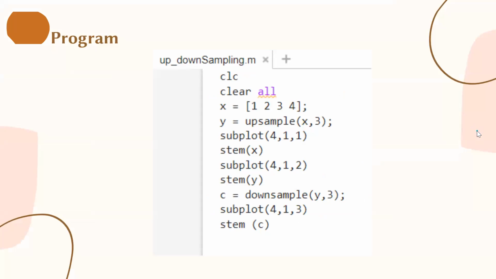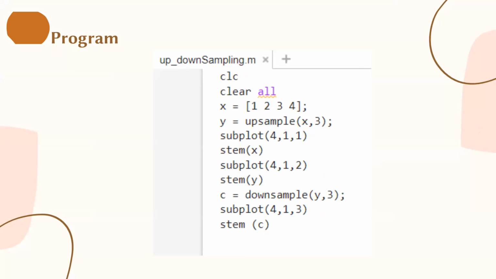Here is the simple program for upsampling and downsampling. Basically, this is performed using the functions known as upsample and downsample. Let's say we have taken X as an input signal like 1, 2, 3, 4. So here Y is equal to upsample X, 3, where 3 denotes the factor and its offset.